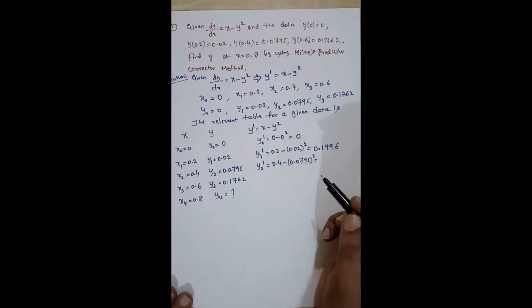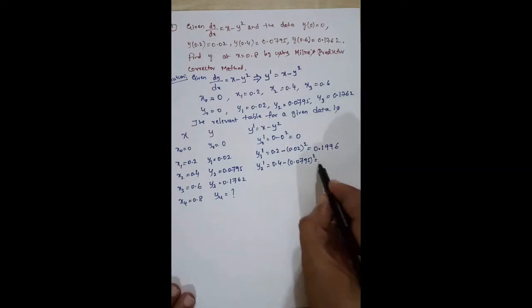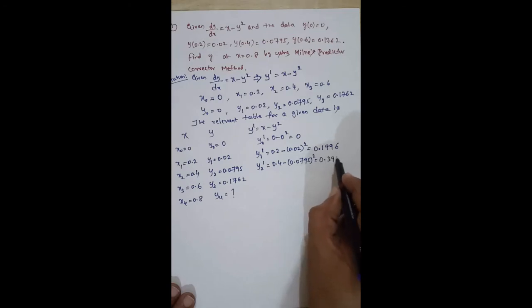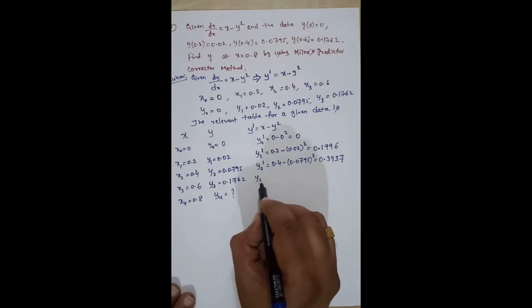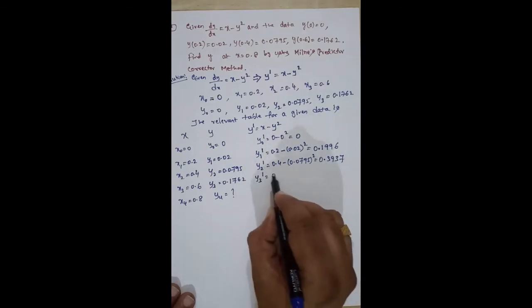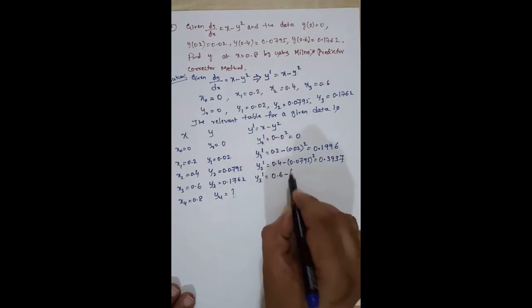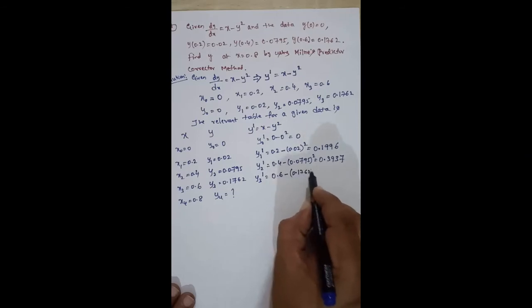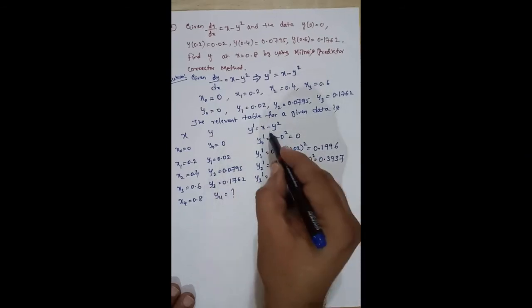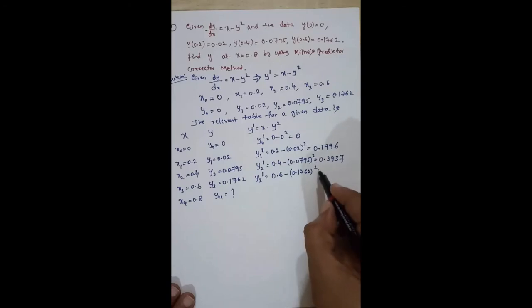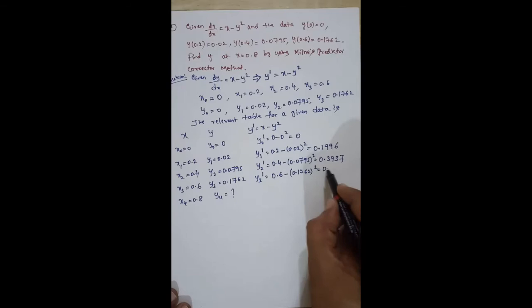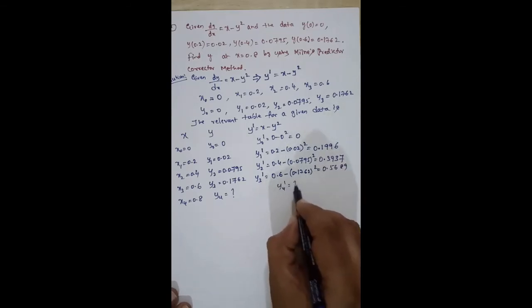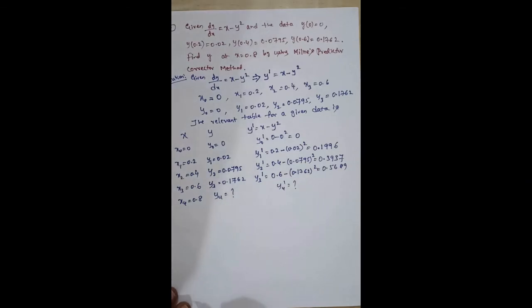So simplify this, we get 0.3937. Now similarly y3 dash. So y3 dash is again same, 0.6 minus this value, 0.1762 whole square. Just put these values in the main equation and simplify, you get y3 dash. This is 0.5689 and y4 dash we don't know.